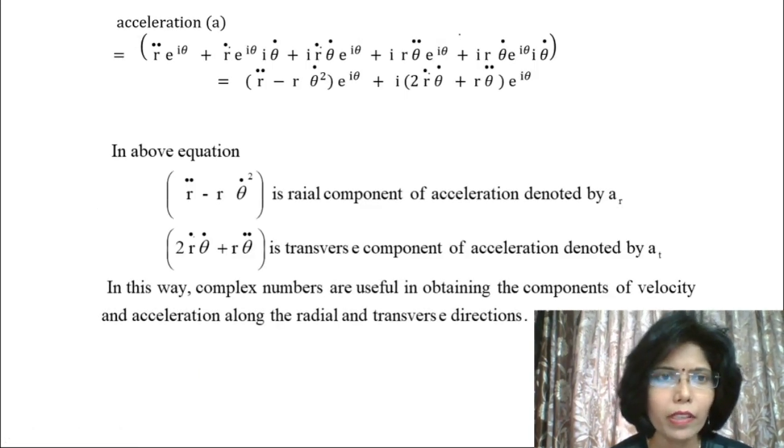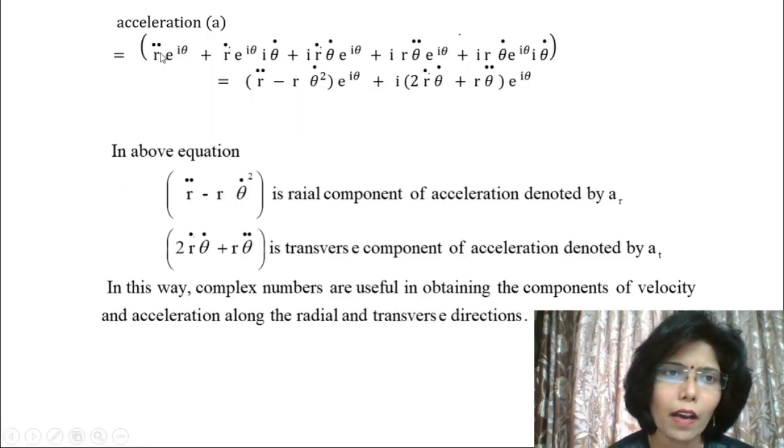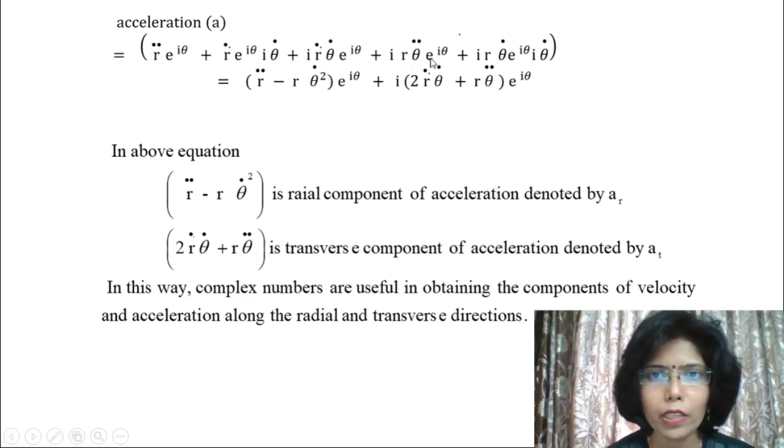So after differentiating this, we can write it as r double dot e raised to i theta plus r dot e raised to i theta dot plus i times r dot theta dot e raised to i theta plus i times r theta dot e raised to i theta plus i r theta dot e raised to i theta times i theta dot.